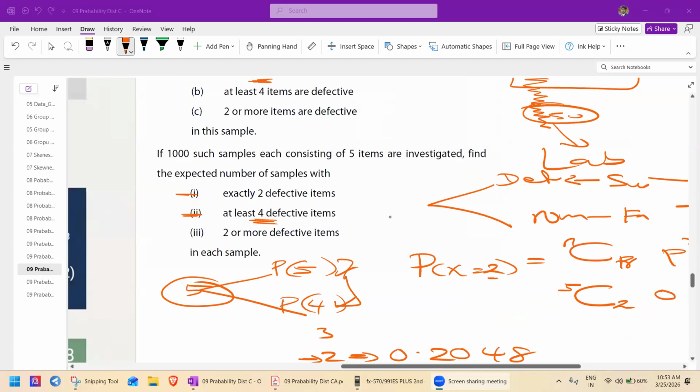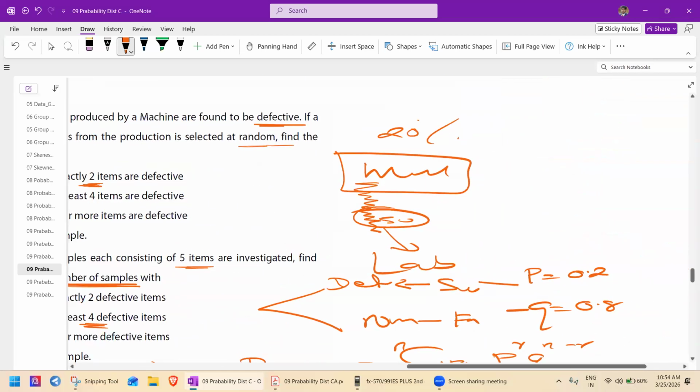If such 1,000 samples, so many of you are asking about this. If 1,000 such samples, each consisting of 5 items, are investigated, find the expected number of samples. The question is not finding the probability, find the expected number of samples. As I told you earlier, this machine produces a certain number of items continuously.